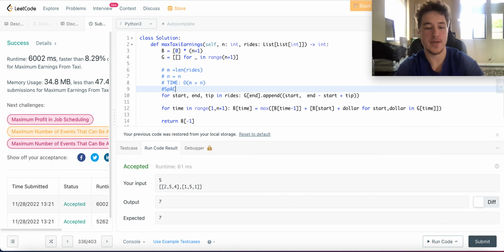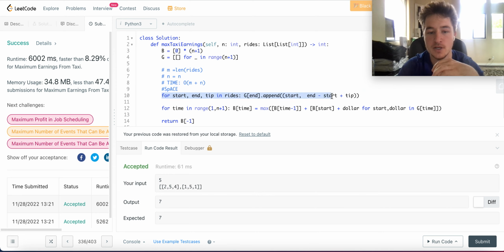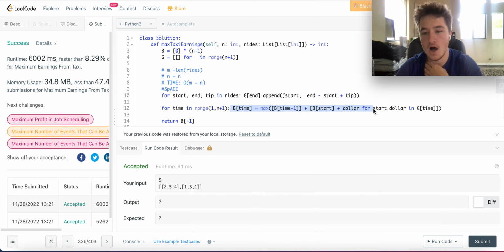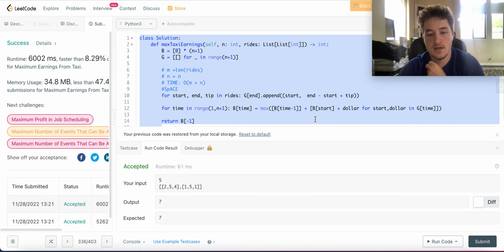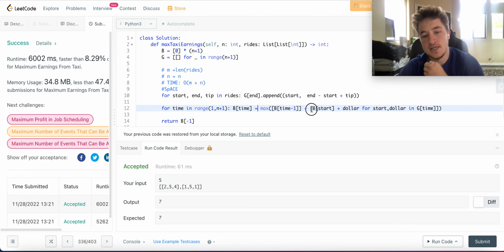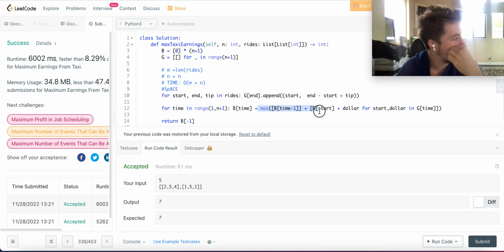In terms of space, we get O of m from here because we have to look at each ride, and then we have to look at the range of n, and we do a constant operation. Well, do we? Because we have to look at each. What if all m point to 1?